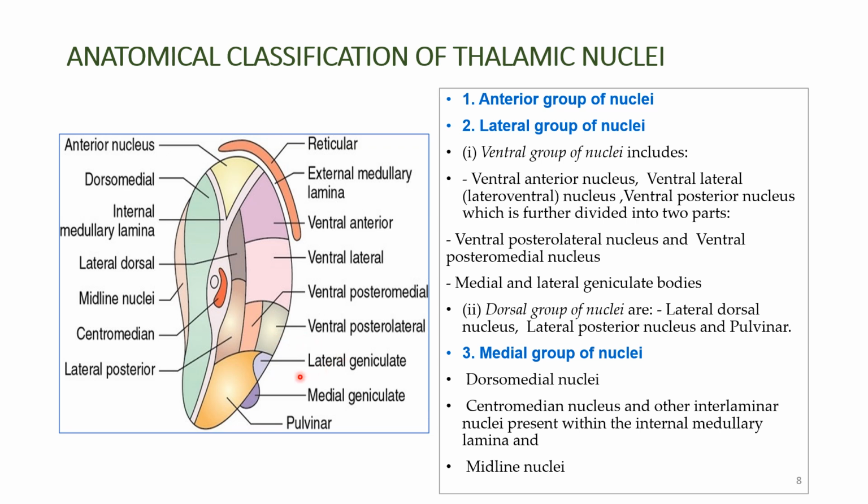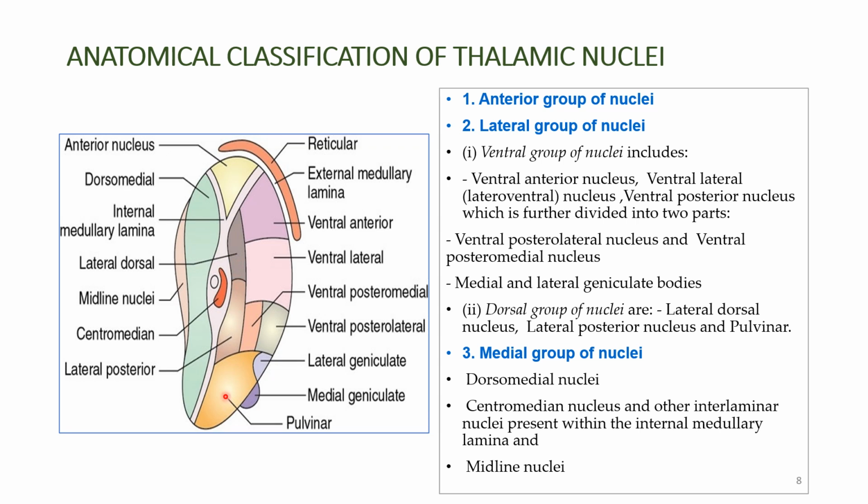Then the geniculate bodies, medial and lateral geniculate bodies. Then in the dorsal group of nuclei, you have the lateral dorsal nucleus, then lateral posterior nucleus and pulvinar nucleus. So, we finished the lateral group of nuclei, ventral side, dorsal side.